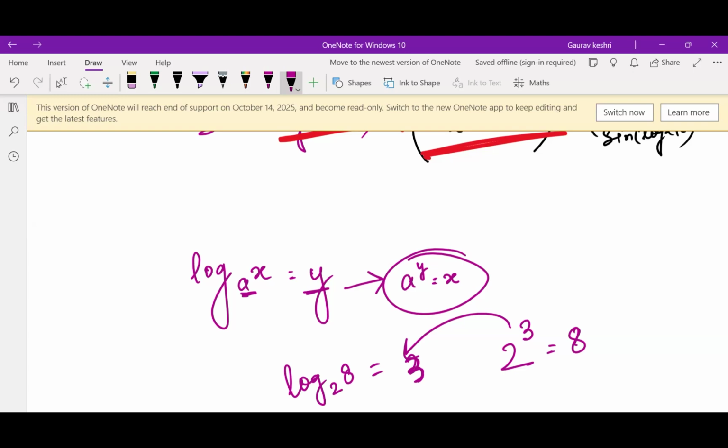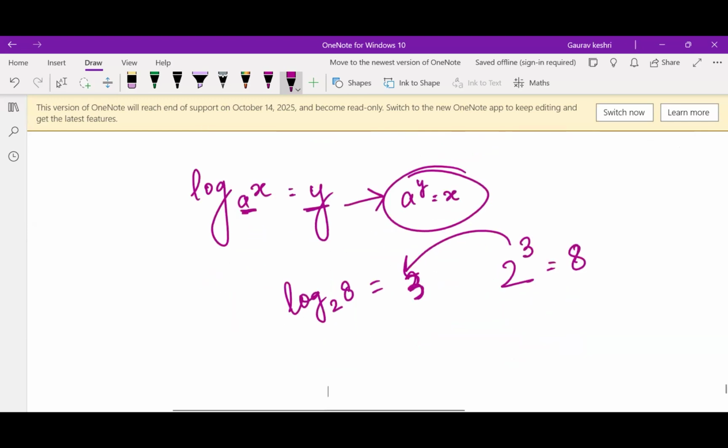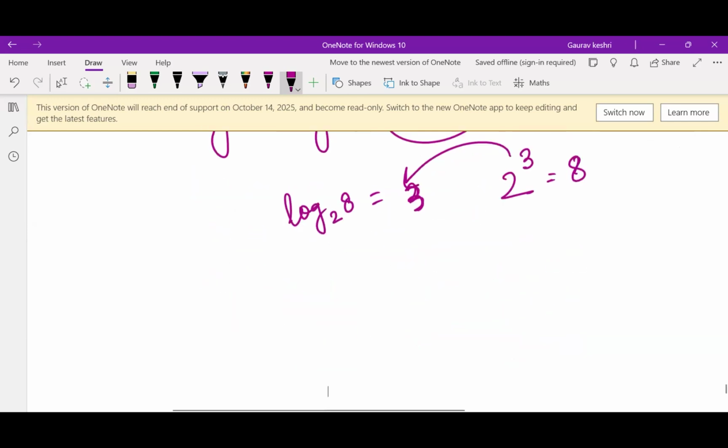Now let's continue. There are a few properties of logarithm. I am going to show you the properties first, then we will talk about the graph.